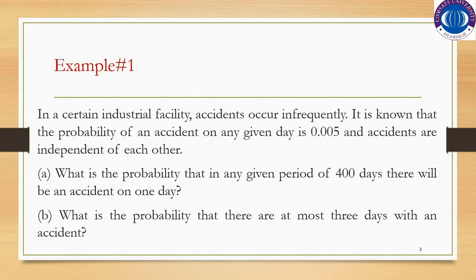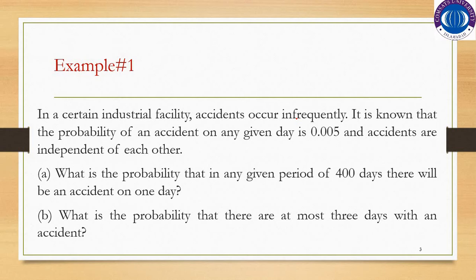As you concentrate on the statement of the example, they are saying that accidents occur infrequently. As we are studying the Poisson distribution, and Poisson is the distribution of rare events, this statement is quite justifying the Poisson distribution's properties.